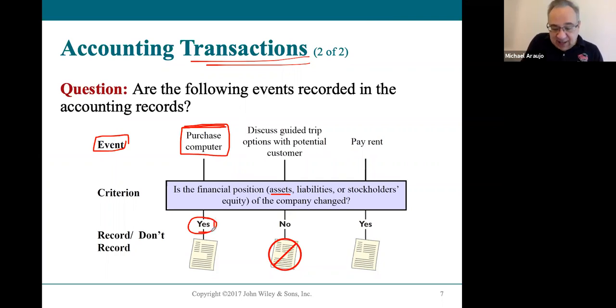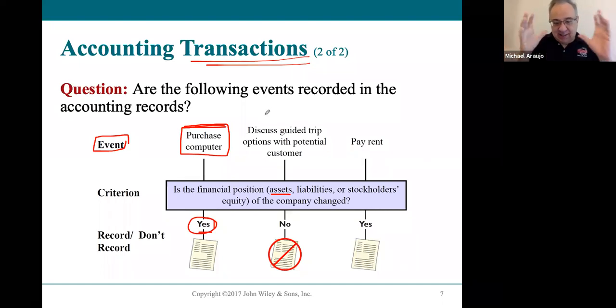If the answer is yes, which in this case it did right away, we bought a computer, we have it. So what accounts are affected? Well, if we bought it for cash, we have more equipment, but we have less cash. If you bought it on account, you got more equipment, but now you have more bills to pay, right? More accounts payable.